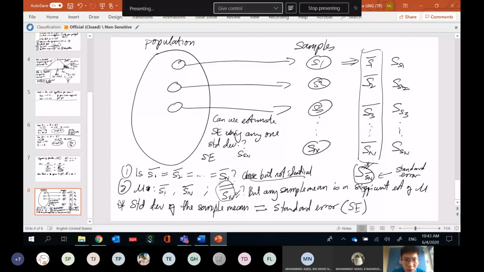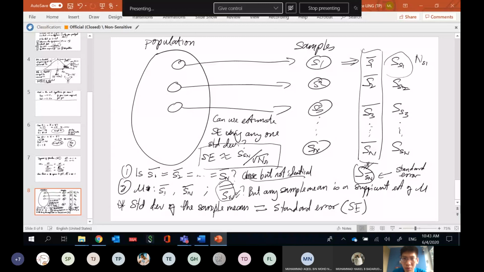We found that there's actually this relationship because every sample also has a sample size, so it's n1, n2 and so on. This is a good approximation: the standard error can be approximated by the standard deviation of any sample divided by the square root of the sample size.